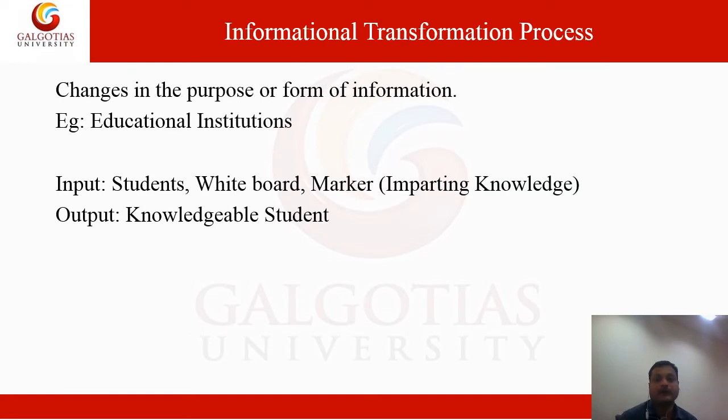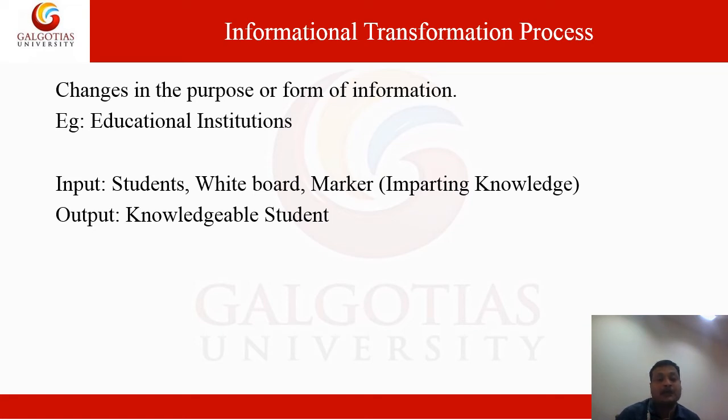Now the sixth transformation process is the informational transformation process. As an example, assume that you are enrolling in a course. After the course, you will be able to explain or understand some of the course concepts of that particular program. In every educational institution, there is a transformation taking place.